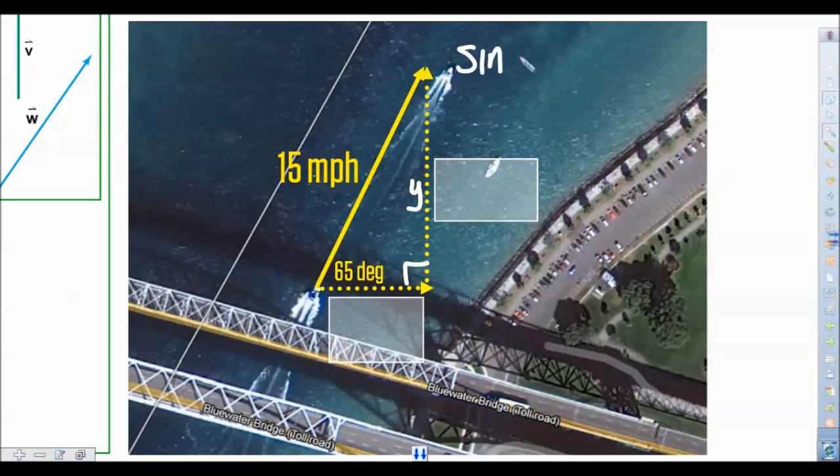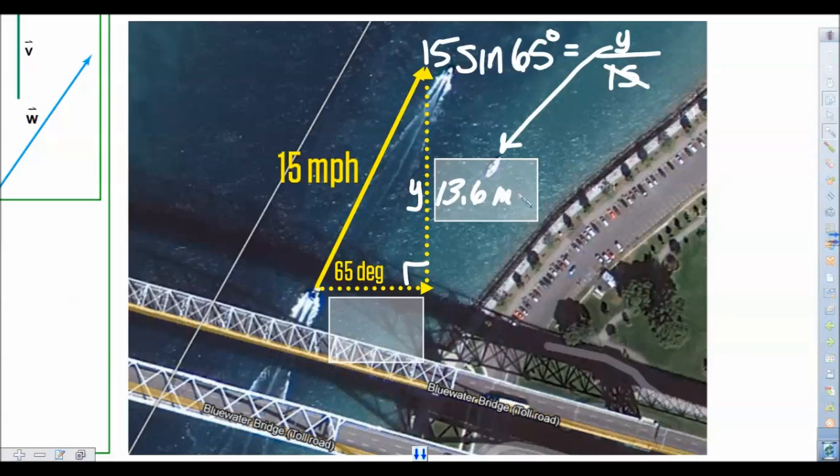So the sine of 65 degrees would be equal to opposite over hypotenuse, so y over 15. Now to solve for y, you guessed it, we have to multiply both sides by 15. And when we multiply both sides by 15 to get y by itself, that means our answer for y is going to be about 13.6.